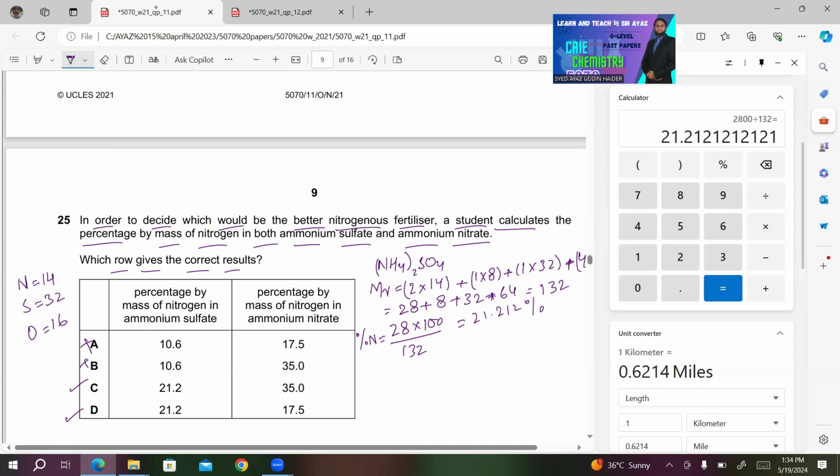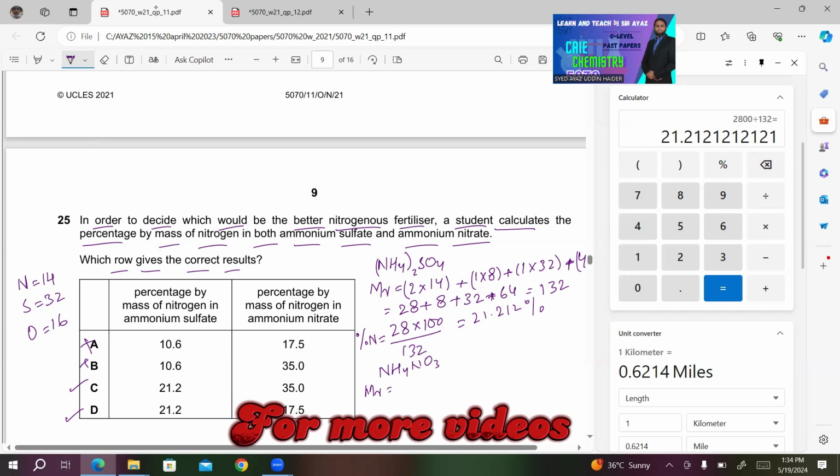You need to calculate the percentage by mass of nitrogen in ammonium nitrate. The formula for ammonium nitrate is NH4NO3. What will be the MR?